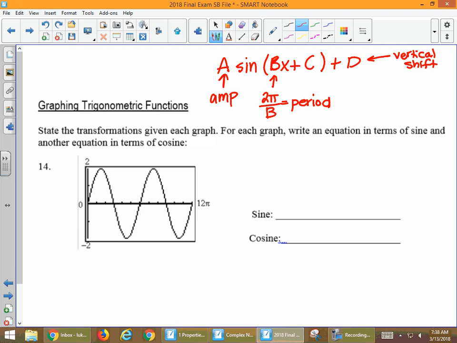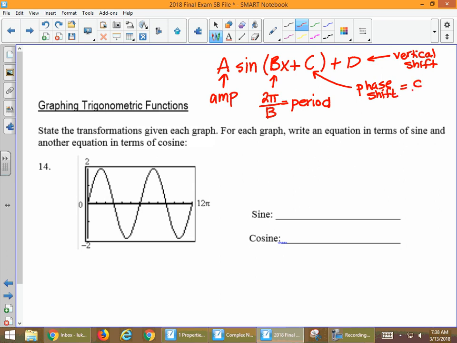That moves the midline and then the curve around it. Also remember that b is your horizontal stretch or strength, so that helps you to think of it that way instead of using the period of the function. And then c is your phase shift. Well, c is part of your phase shift.